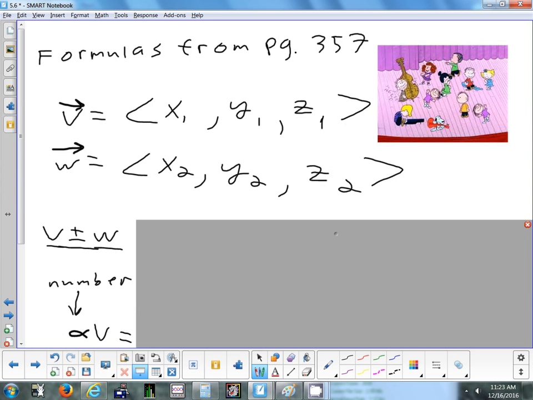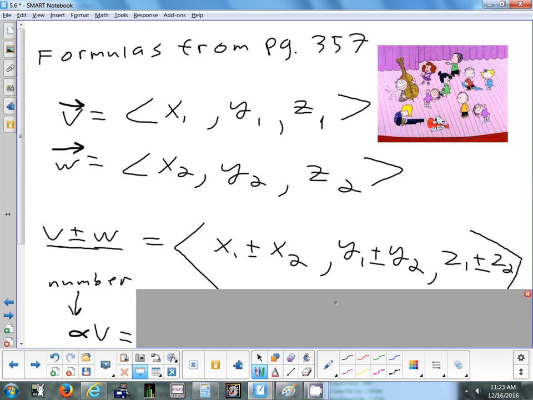In 3D, what else are you going to have to add? You're going to have to add the z components. So add the x's, add the y's, add the z's now. If you want to subtract, I just did it as part of the same formula. Subtract the x's, subtract the y's, subtract the z's.